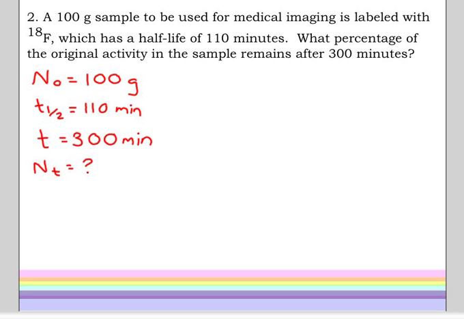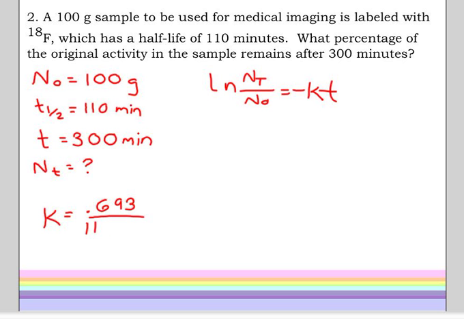So we look at our equation, and you see we have everything but k. So the first step we need to do is get k. We use our k equation, which is 0.693 over our half-life, which is 110 minutes, and it's 0.00631 over minutes.